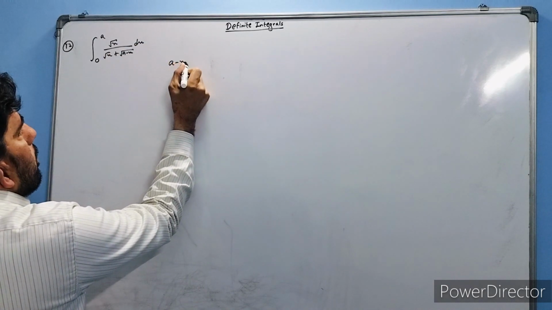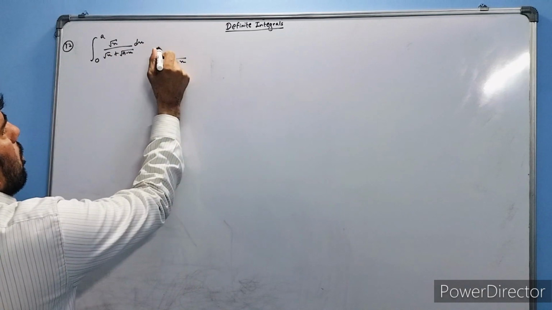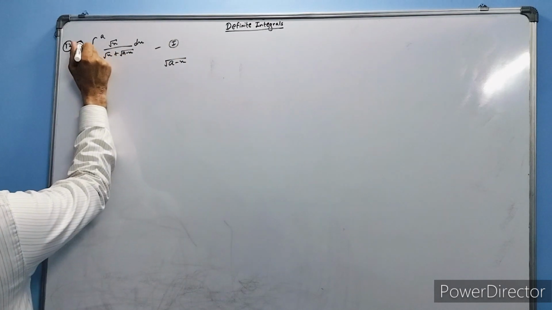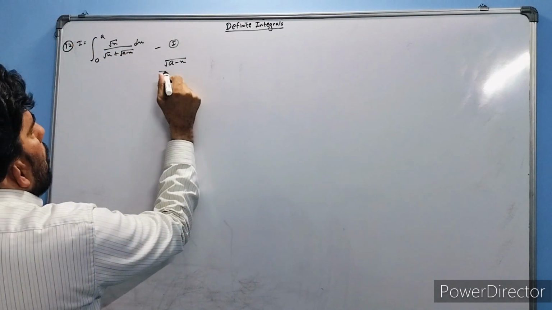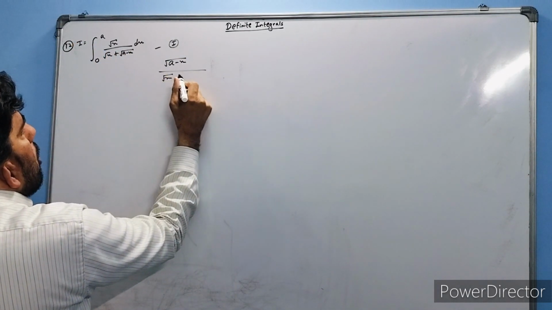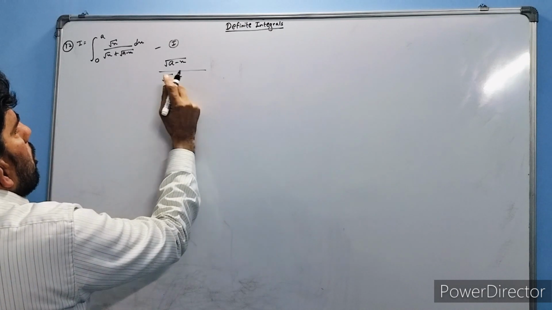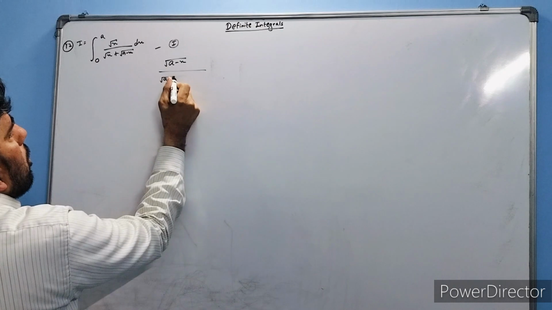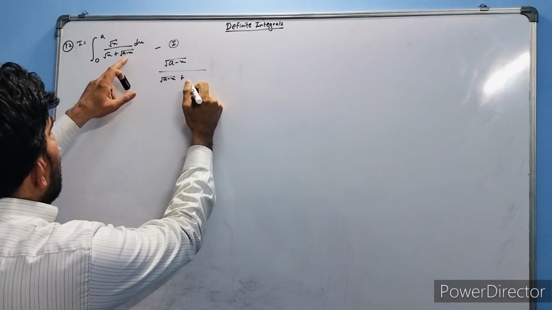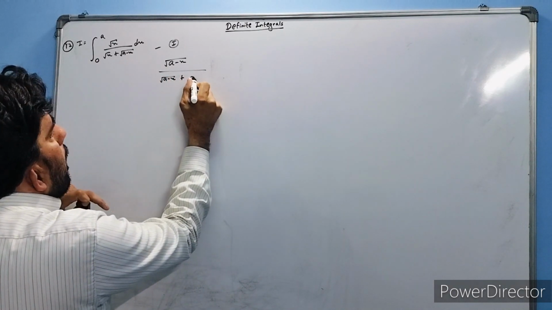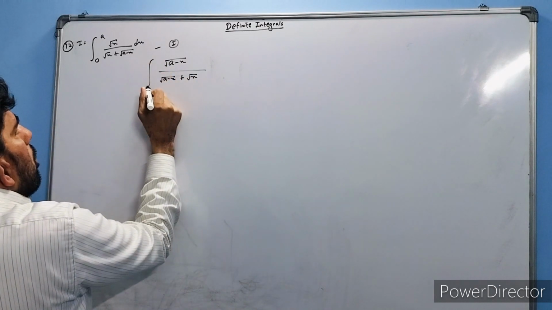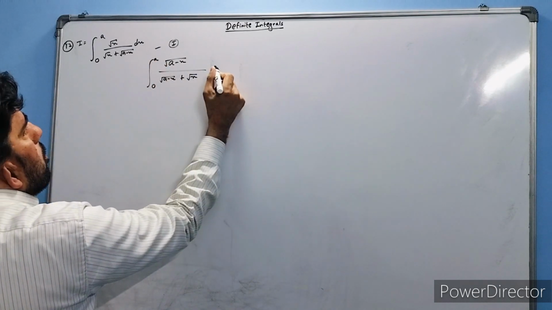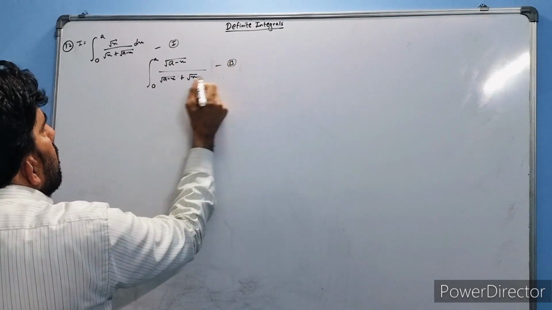It will be root a minus x upon, this is the first one, I is equal to, and upon here root a minus x plus, if I put here a minus x, it will be x only. Okay, so this is second.